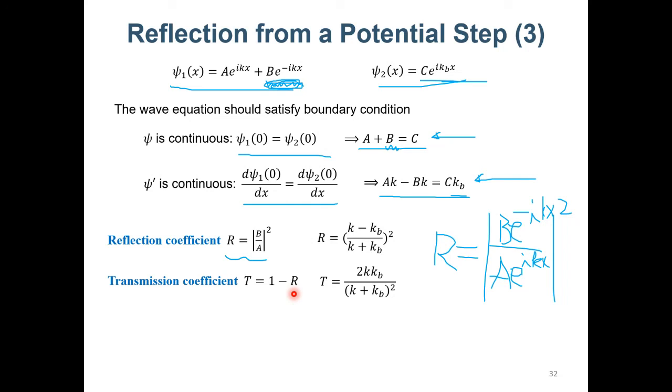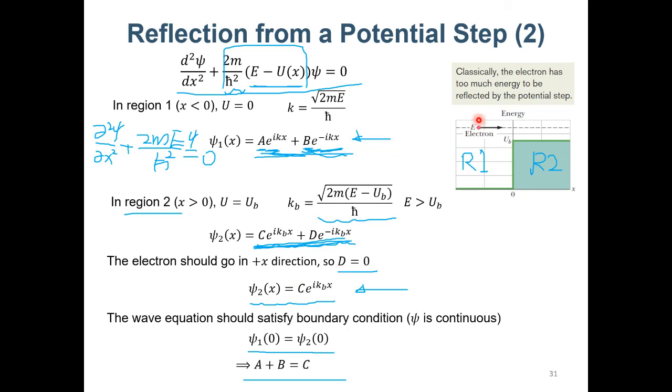So part of it is reflected, and the rest of it can transmit over the potential step, which means that even though the electron has a higher kinetic energy than the step, it has some probability that it will be reflected by this step. So it is a very interesting phenomenon.